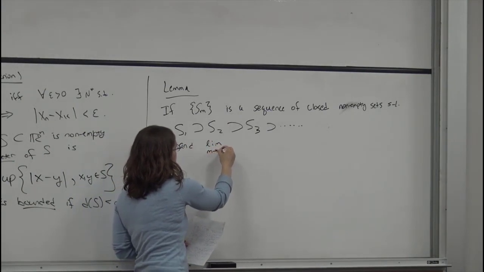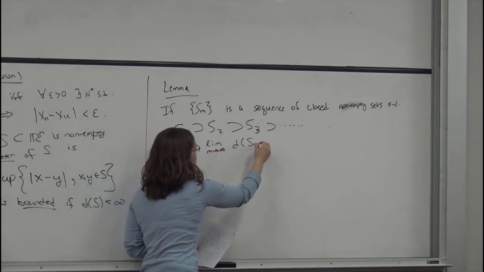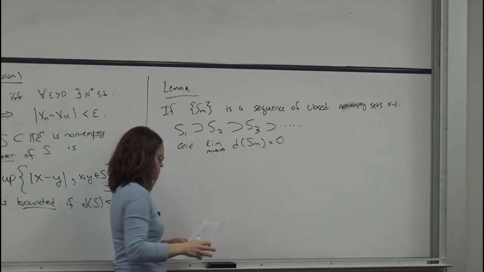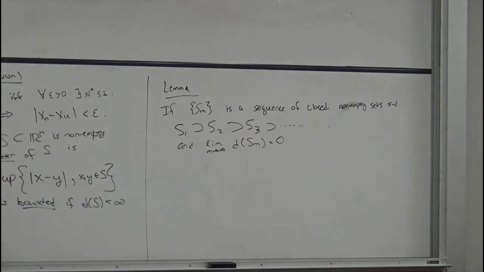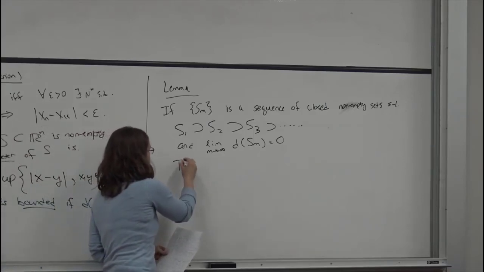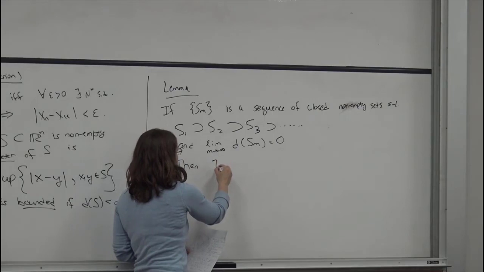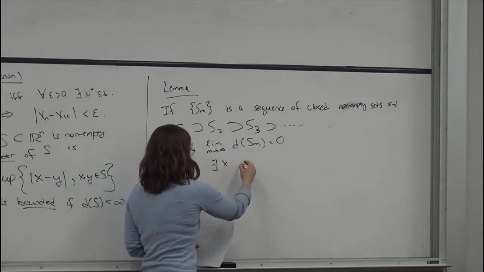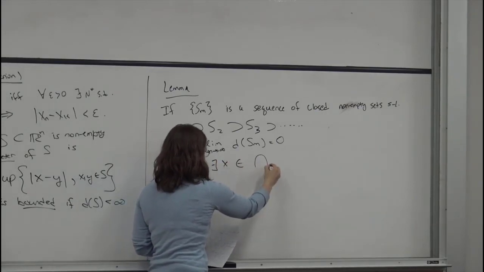So the limit of this diameter is 0. Okay, then what essentially happens, these sets are going to shrink down to a single point, and that point is going to be contained in all of these sets. That's the result. So we're going to say then there exists a point x that lives in the intersection of all of these sets.